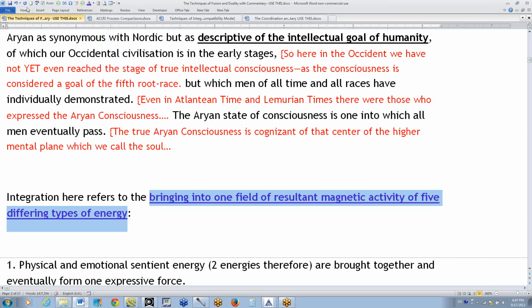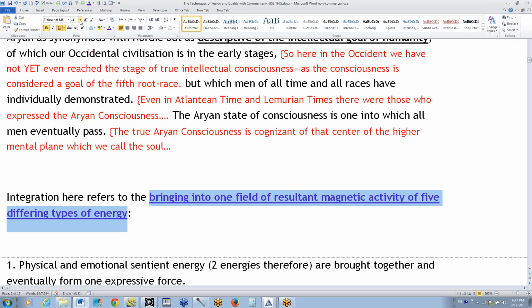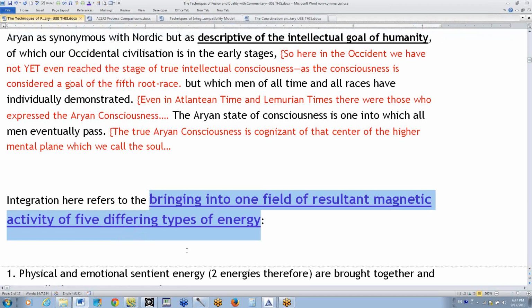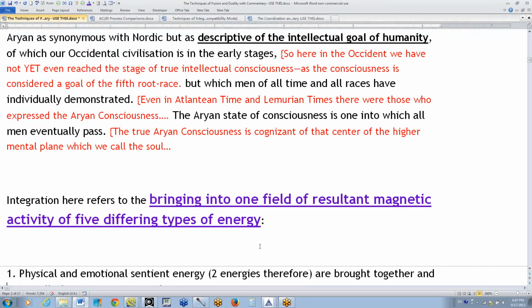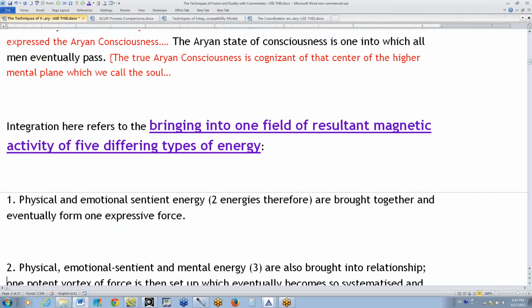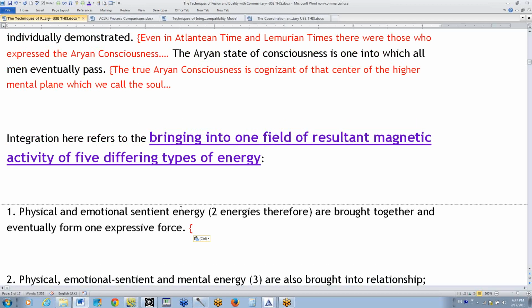And we have different definitions of integration as we go along. Physical and emotional sentient energy: 2 energies, therefore, are brought together and eventually form one expressive force.